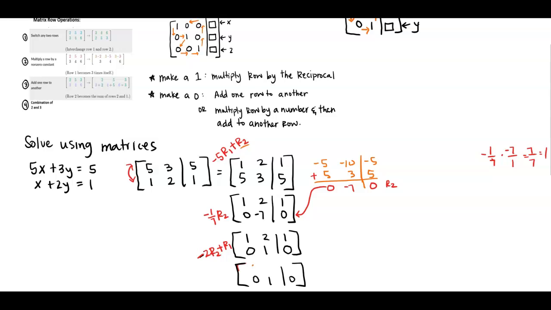Then negative 2 times 1 is negative 2, plus 2 is 0, so I'll put a 0 there. And then the last one, negative 2 times 0 is 0, plus 1 is 1.